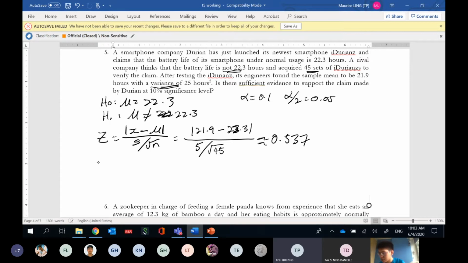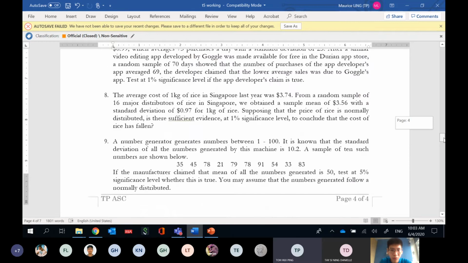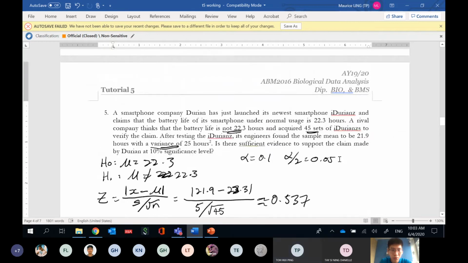So then what is the critical value? Is it negative 1.28? No, it's not. Why? Because you use alpha; you're supposed to use it at 0.05.